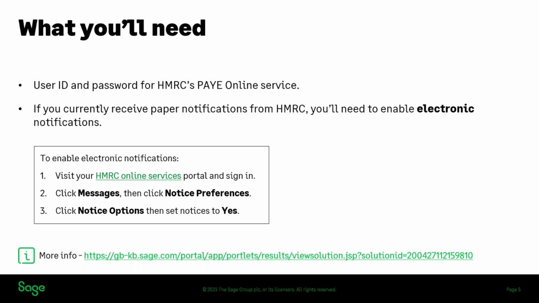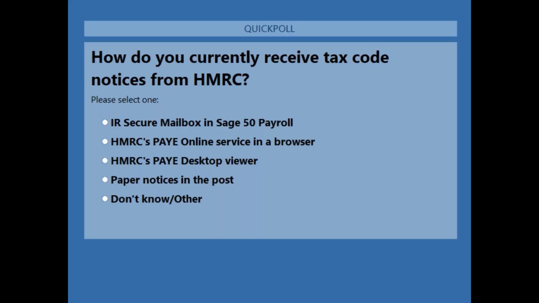So if you take a look at your screen, let's just have a look now at how you currently receive tax code notices from HMRC. So I've put 5 options for this poll, and we'll give you about a minute to fill this in and to cast your vote. But if you'd like to tell me how you currently receive tax code notices and choose between the Secure Mailbox in Sage 50 Payroll, do you retrieve them via HMRC's PAYE online service in a browser?